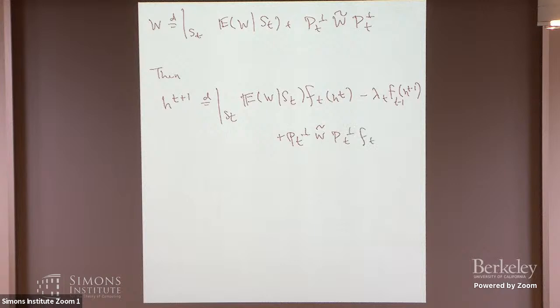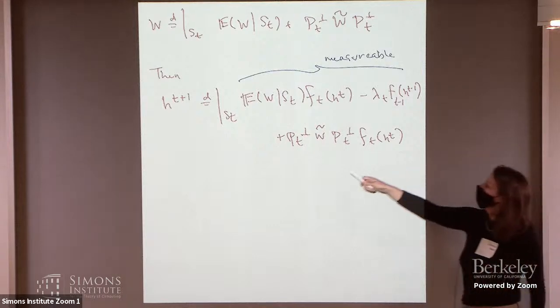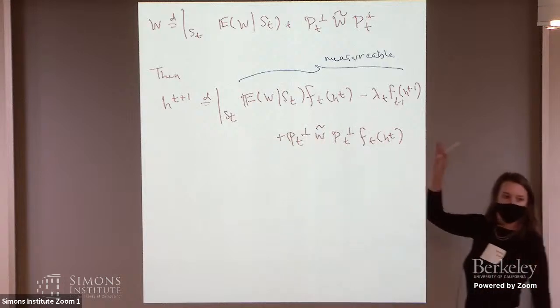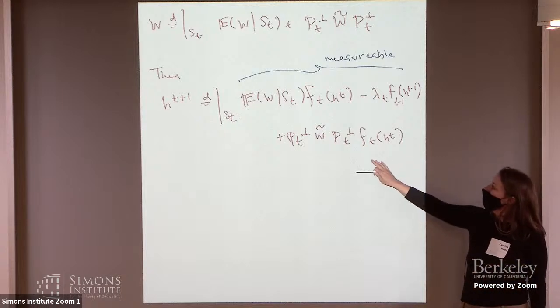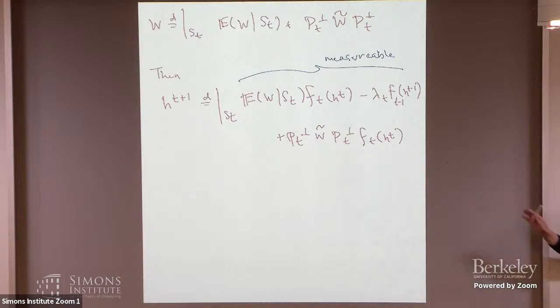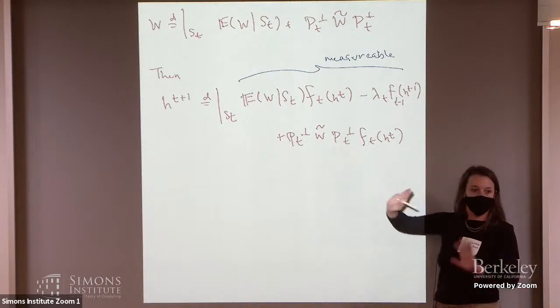Okay, so this is nice, because when we look at this, this whole part up here is measurable with respect to my sigma field. So this is all, conditional on the previous iterates, deterministic. And then the part that's random is independent of everything we've seen before. So we have a new GOE matrix here that's independent of everything else.